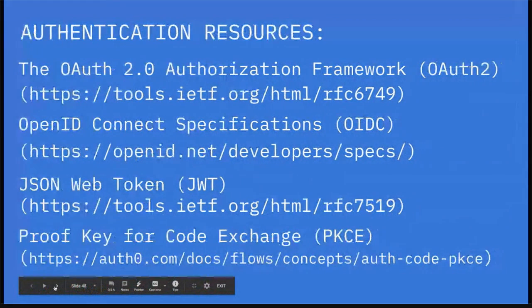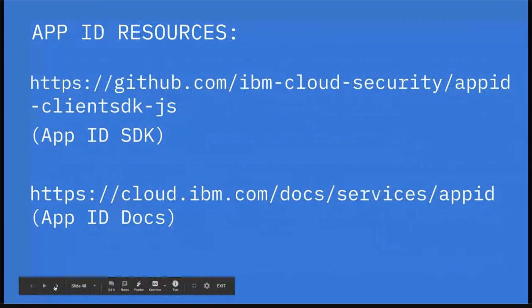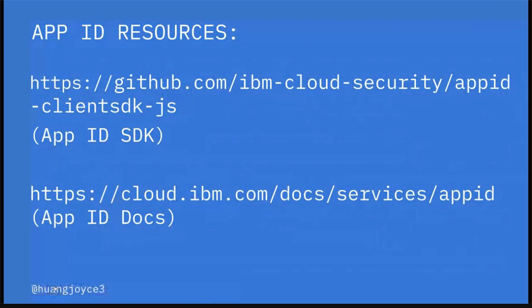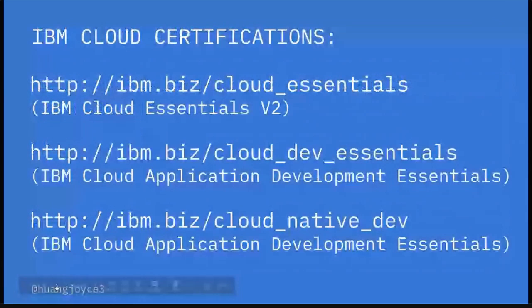The App ID resources, so again, this is the App ID SDK and the App ID documentation. And then the links for the different IBM Cloud certifications. They don't take too much time to do, and I would highly recommend them.